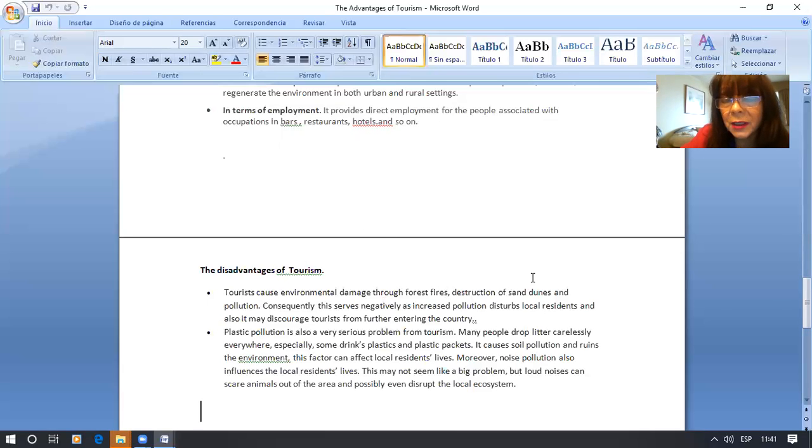The destruction of sand dunes, for example, in Concon. In Concon, we have sand dunes. And now, because of the many people that are going there, not only now, just from, let's say, 5, 6 years ago. Dunes, las dunas de arena.